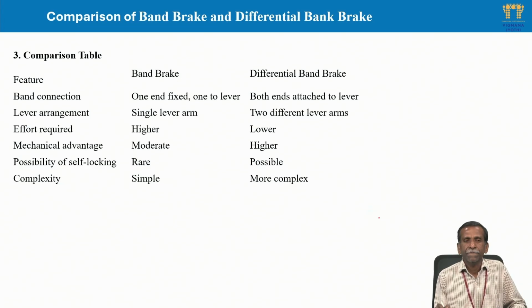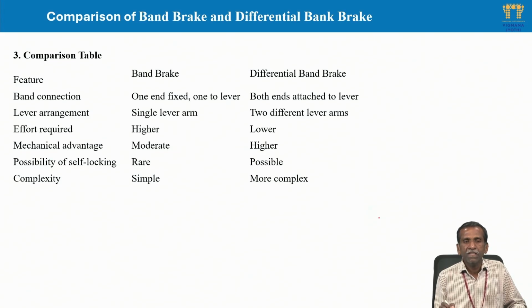There is flexibility in the lever arrangement: band brake consists of a single lever arm, and in the differential band brake, two differential lever arms. Effort required for the same braking torque is higher in band brake and lower in differential band brake, and mechanical advantage is higher in differential band brake.